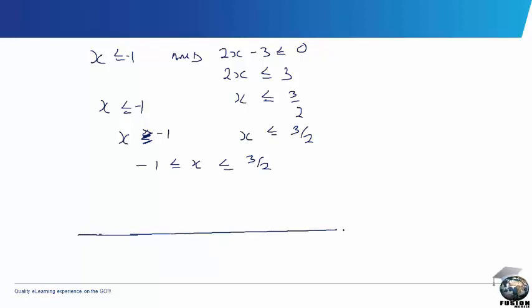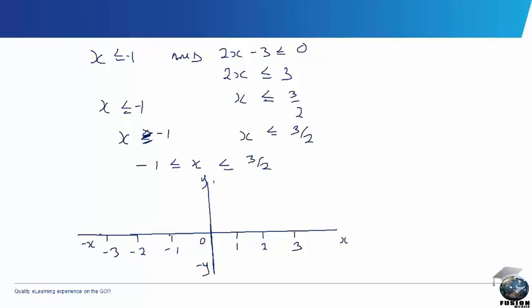Okay, this is our y, this is our -y, this is our x, and this is our -x. We'll have 0, 1, 2, 3, and then at this point -1, -2, and -3.